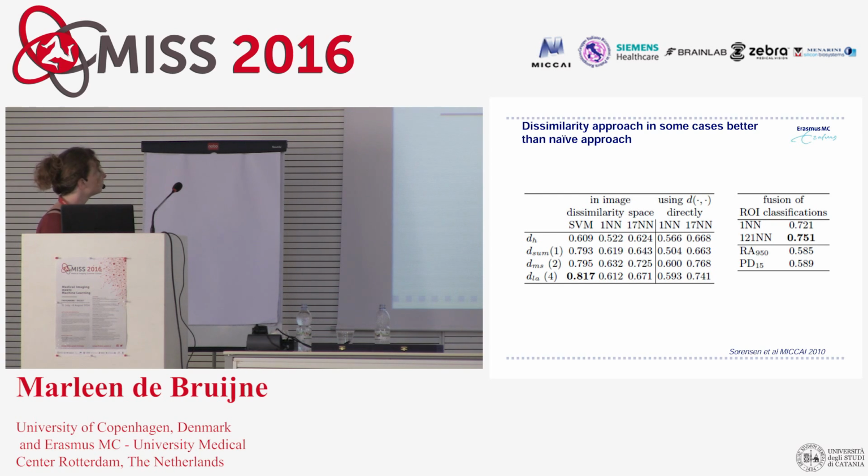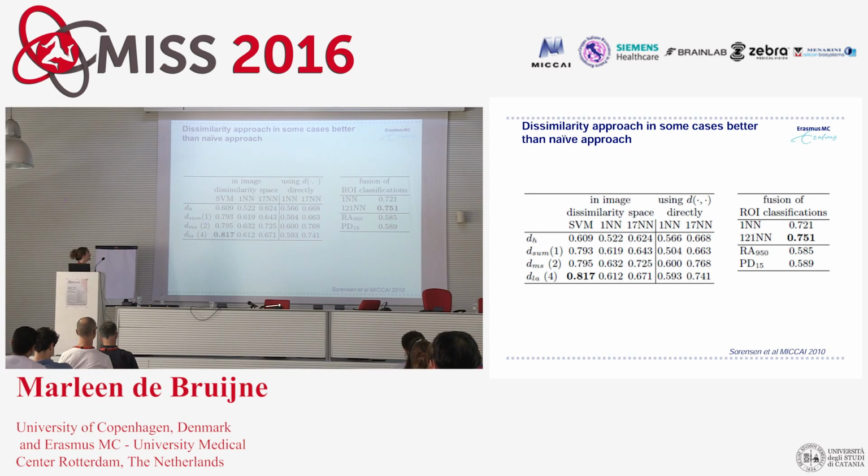Now, here are the different distances that we've tried. The Hausdorff distance doesn't perform very well. Sum distance actually performs well in some cases. And the minimum sum and linear assignment distances perform quite well, but it also depends a lot on what kind of classifier is used. If you use the distances directly, that actually works quite well.